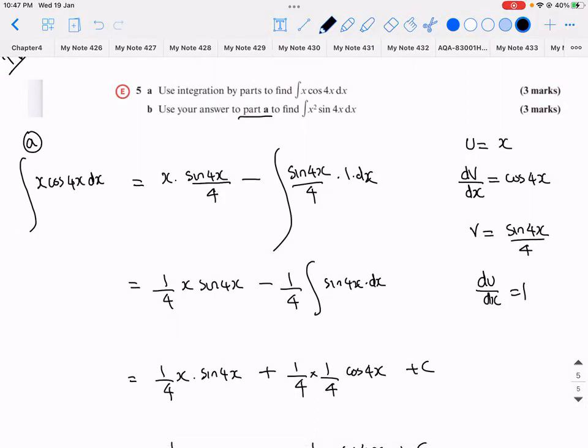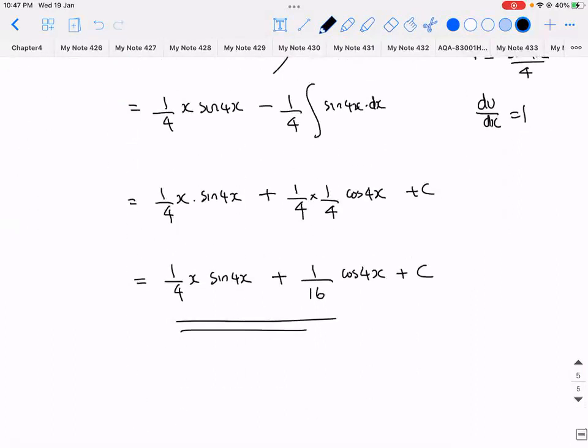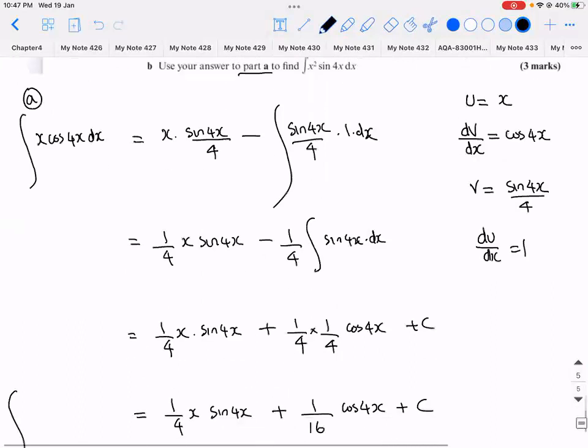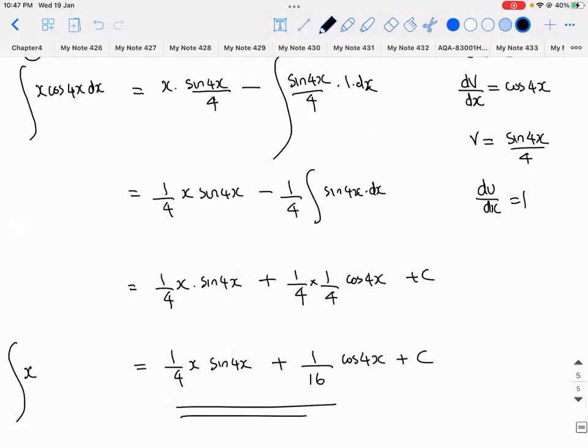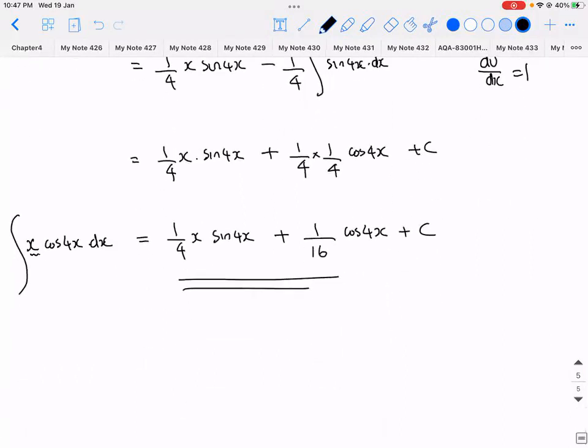So the question is the integral of x square sine 4x dx. Let's try.